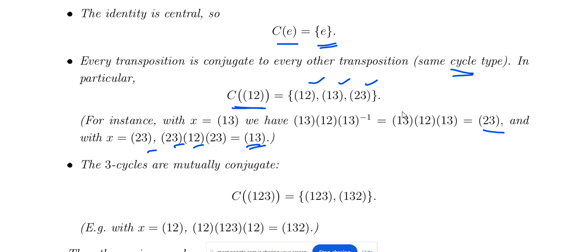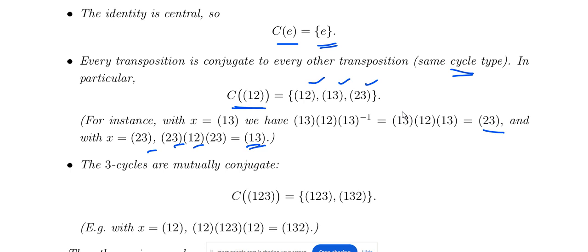That's all, we missed it. Here 2 goes to 2, and here 2 goes to 1, and here 1 goes to 3. So 2 goes to 3. That is the idea. The same way here, (2 3) inverse is equivalent to (1 3).